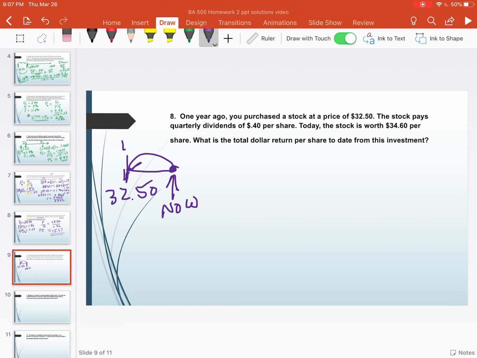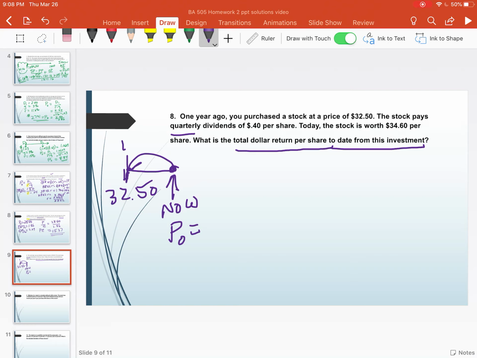The stock pays quarterly dividends of 40 cents, so dividends per share of 40 cents. Today the stock is worth $34.60, so P sub 0 is equal to 34.60. What is the total dollar return per share to date from this investment? So we're just looking at one year's return.